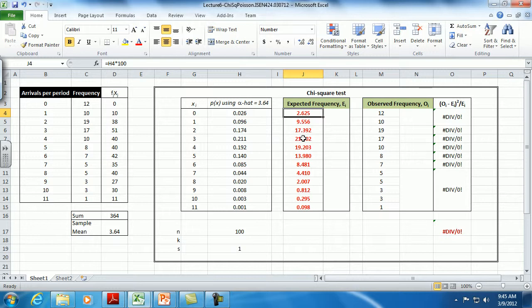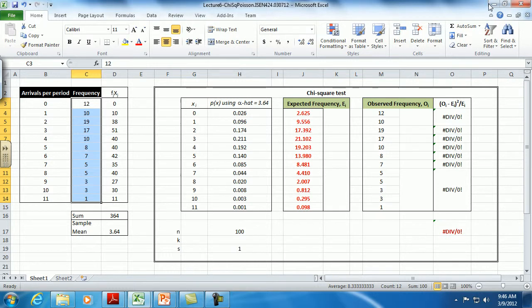So what we're going to do is, we know the probability based on the Poisson for 0 arrivals, and we know that we have n equals 100. We have 100 observations. Okay, so if you go here and sum this, you'll see that you have 100 observations. We collected 100 observations. So the expected number of observations, again, let me refer back to the notes.